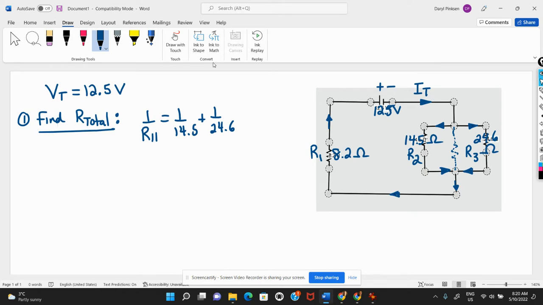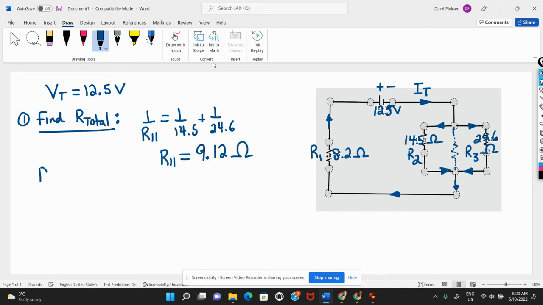And then I'm going to flip that upside down, and I get 9.12 ohms. So the total amount of resistance here is 9.12 ohms. Well, that's between the two of them. So the R parallel is going to be 9.12 ohms.